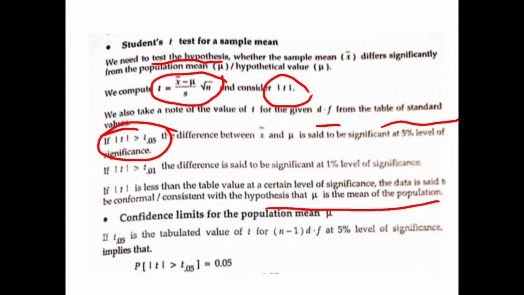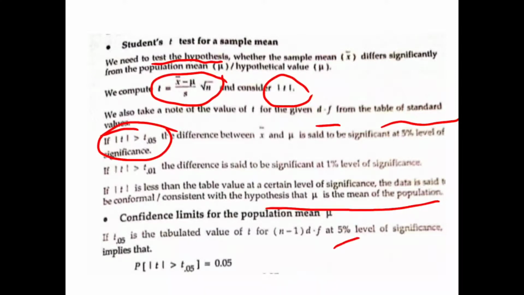Also guys, we have the confidence limits for the given population mean, just like how we have performed on the large samples. Here also we can do the same for the small sample. So how are we going to get that? That also depends on the critical values of t under the respective level of significance.